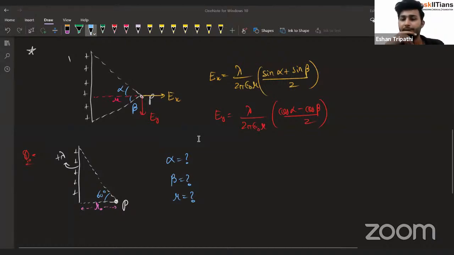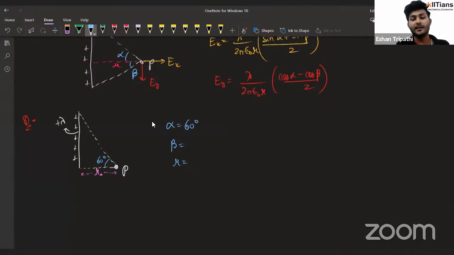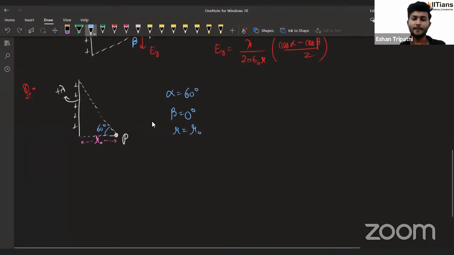Correct, Prithvi. Correct, Dhruvi. Yes, Atharva, correct. Akshat, correct. Yeah, I guess everyone is correct. So the angle that the topmost point forms with this line joining it is 60 degrees. The angle that the bottommost point forms with it is actually 0 degrees. And the value of r, the perpendicular distance, is r naught. That is the answer.